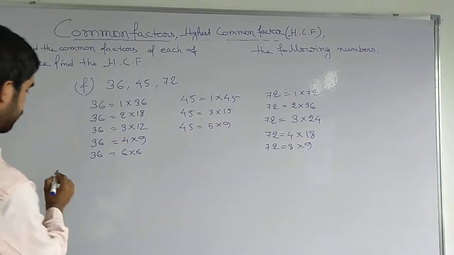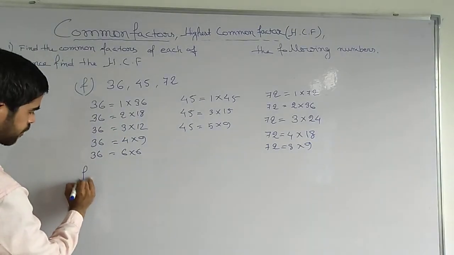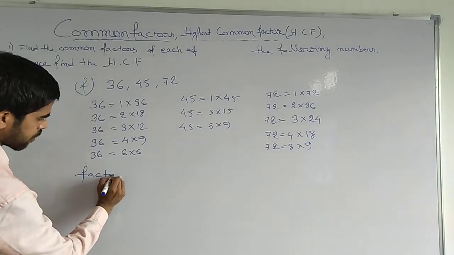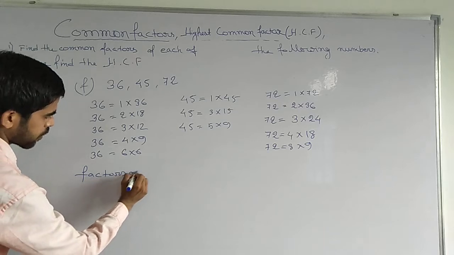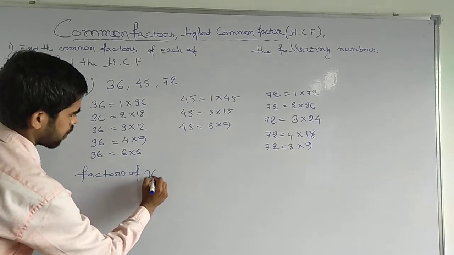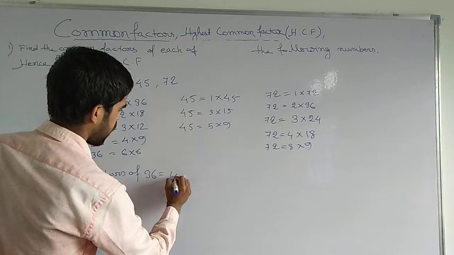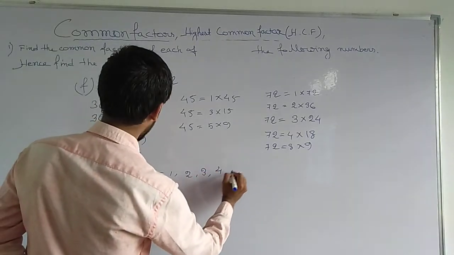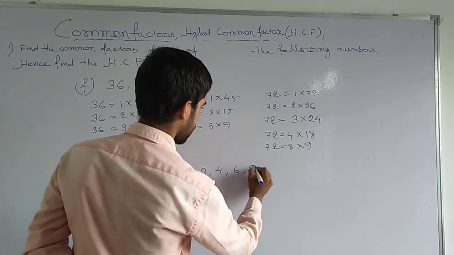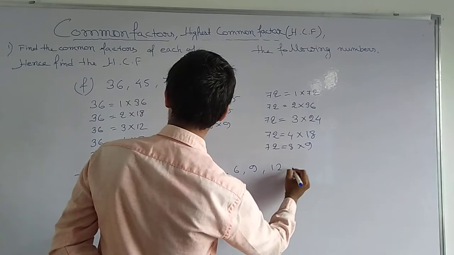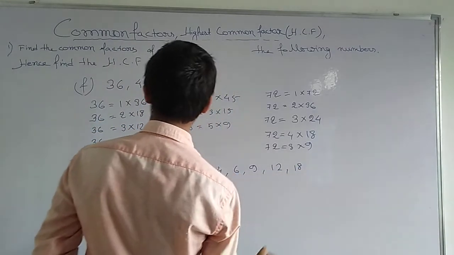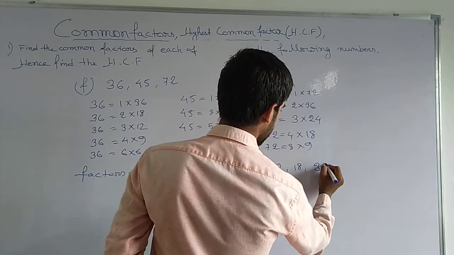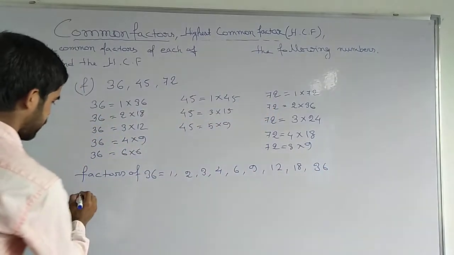So same as before, first write down the factors. Factors of 36: 1, 2, 3, 4, 6, 9, 12, 18, 36.